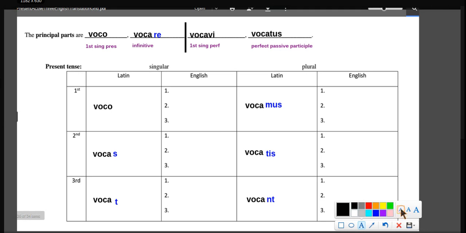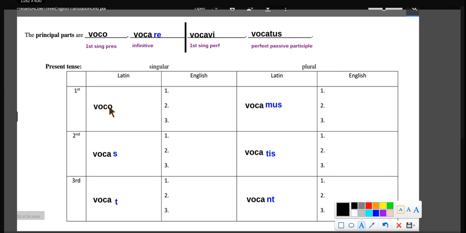Now, coming to translation, these forms here are present active forms in Latin and in English. Now, when it comes to Latin verbs, what you can think of it as is, instead of using pronouns, Latin will have the pronoun built into its ending.